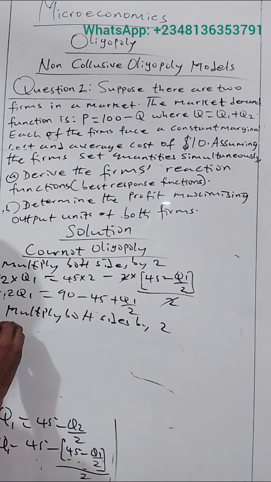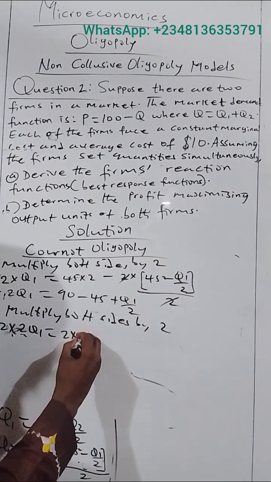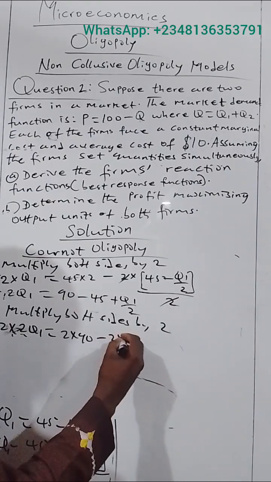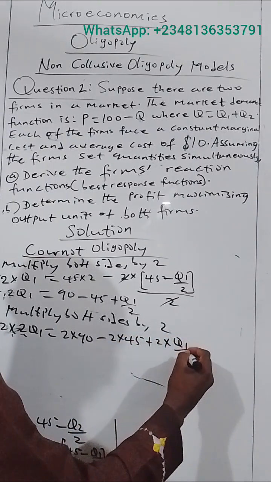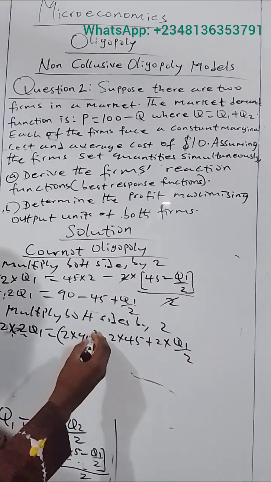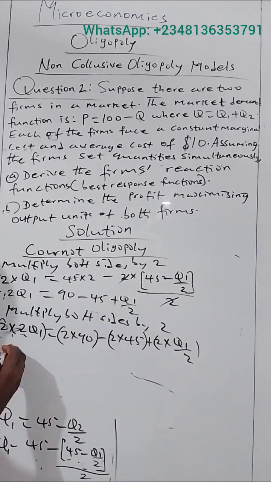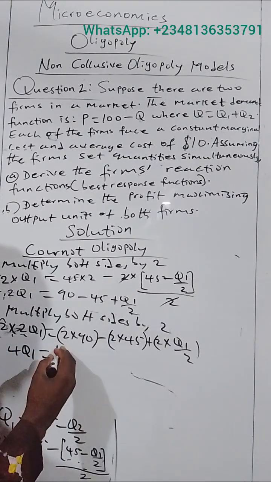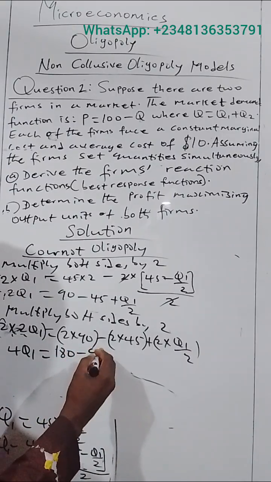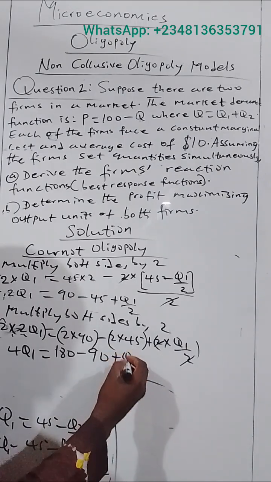So I'm left with 4Q1, that is, 2 multiplied by 2Q1 equals 2 times 90, then minus 2 times 45, then plus 2 times Q1 over 2. You can see I multiply this by 2, this by 2, and also this by 2. So 4Q1 equals 180 minus 90, then this cancels this, then I have plus Q1.